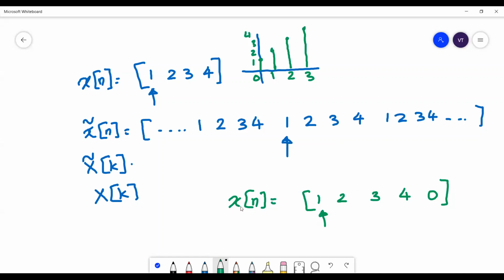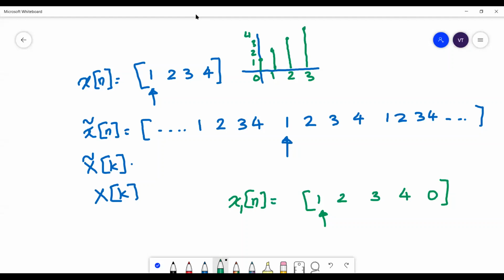For the time being I'll call this x1 of n. What is the difference between x of n and x1 of n? Is there any additional information being conveyed? Is there any change in the energy or the power of the signal, etc.? You can comment on everything. So what is the additional information that you have here?